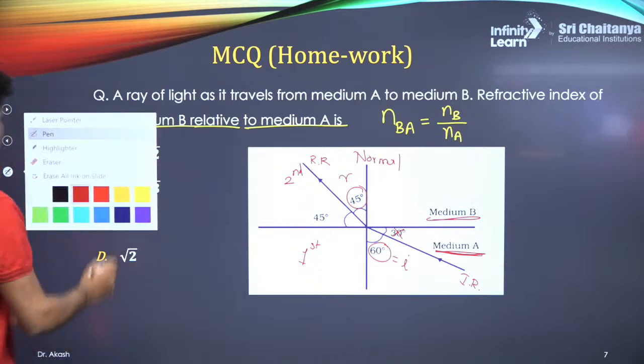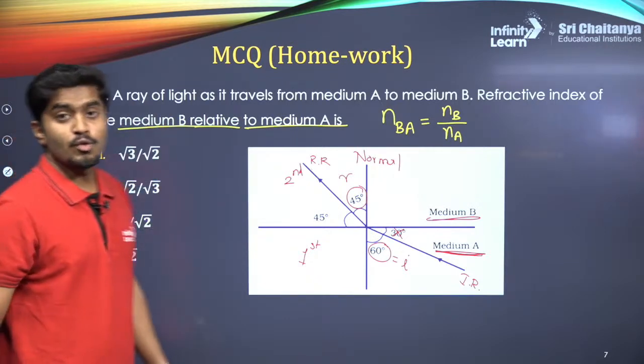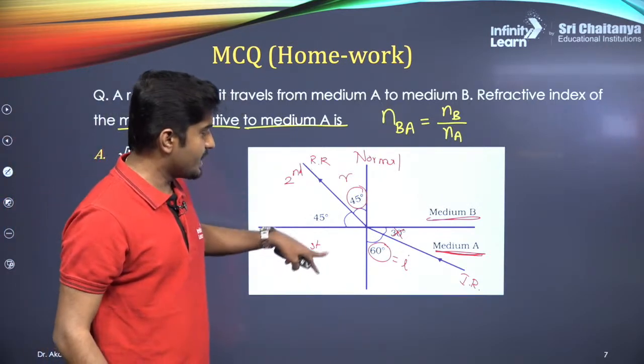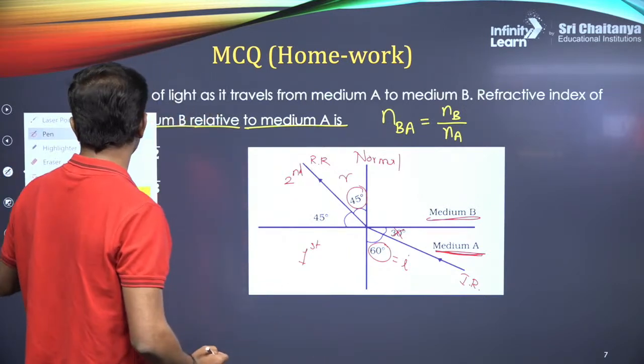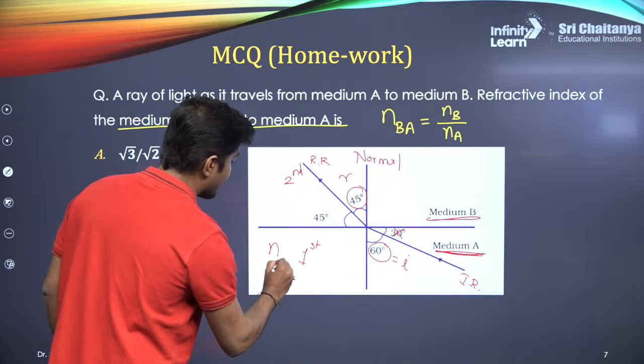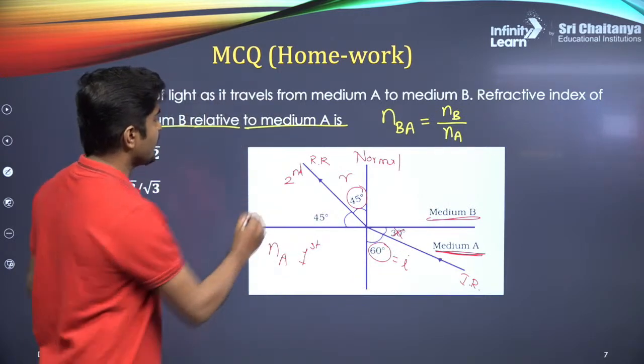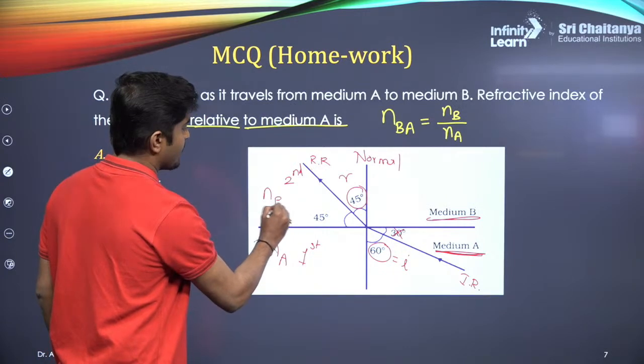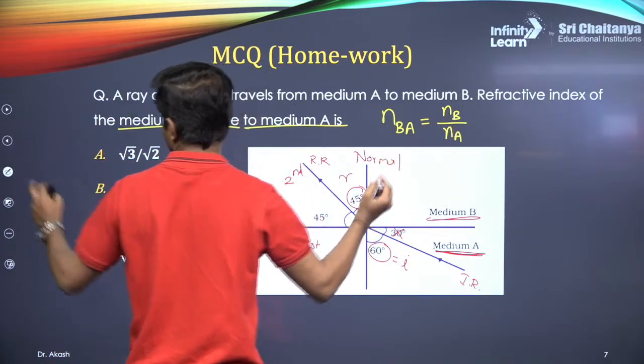Okay. So now let's write down Snell's law. Suppose the first medium is medium A, so its refractive index is NA. There is a medium B, suppose its refractive index is NB. So we want to calculate this ratio.